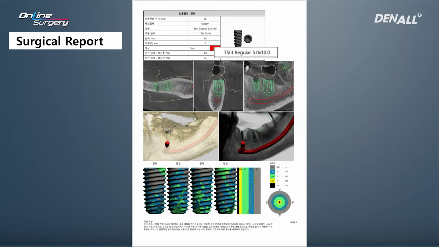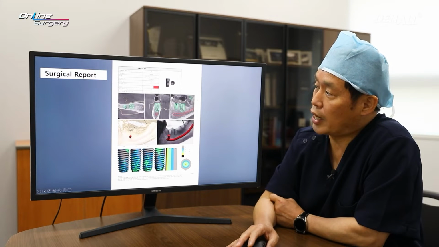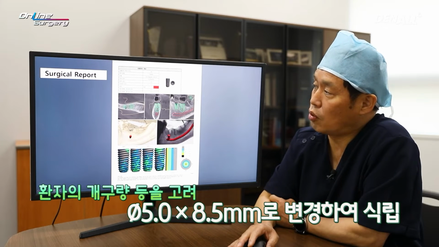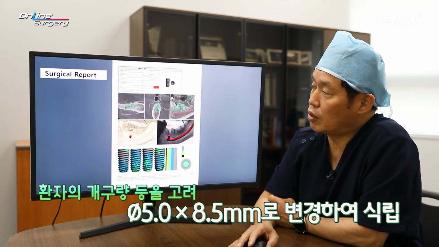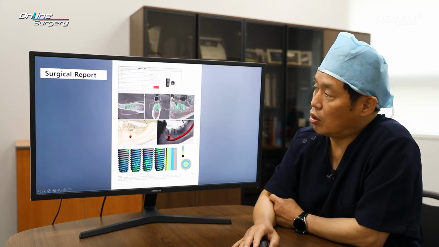So OneGuide team and we decided to place TS3 5.0 by 10 millimeter implant, but the patient was female, and considering the amount of mouth opening, I thought maybe we need to change to 8.5, even for the distal implant. Considering the patient's level of mouth opening during surgery, I placed a 5.0 by 8.5 implant.